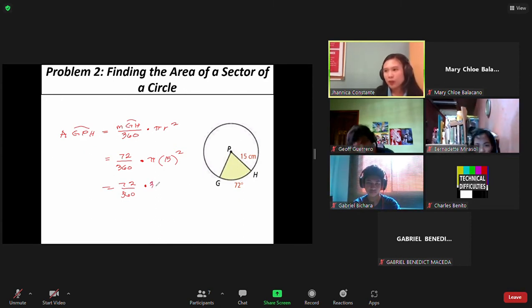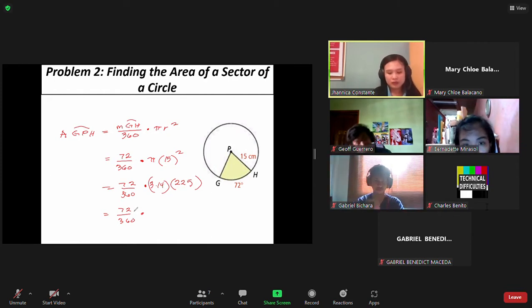So 3.14 for the value of our pi, and 15 squared is equal to 225. So we have 72 over 360 times 706.5.